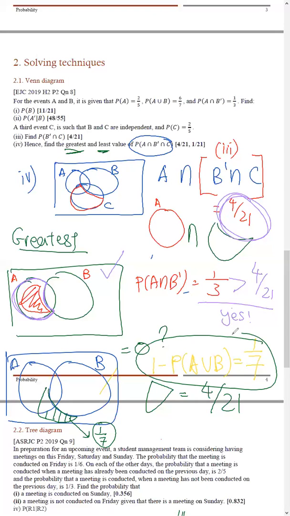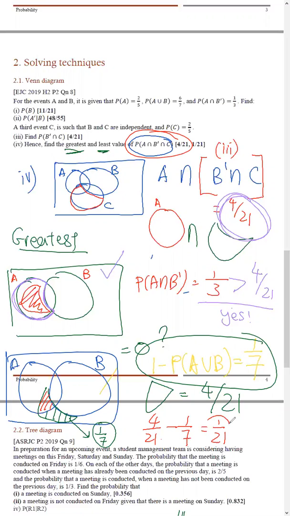So if 1/7 is outside, how about the inside? Inside will be the overlap between the crescent and A, which is what we want. So if I take 4/21, which is the crescent area, minus away 1/7, which is the maximum possible value that you can squeeze outside of A and B, it will give us 1/21.